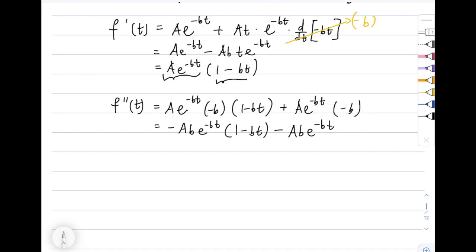I'm going to factor out a negative sign, because that's common. Factor out an A, a B, and also e to the power of negative bt, that's common.